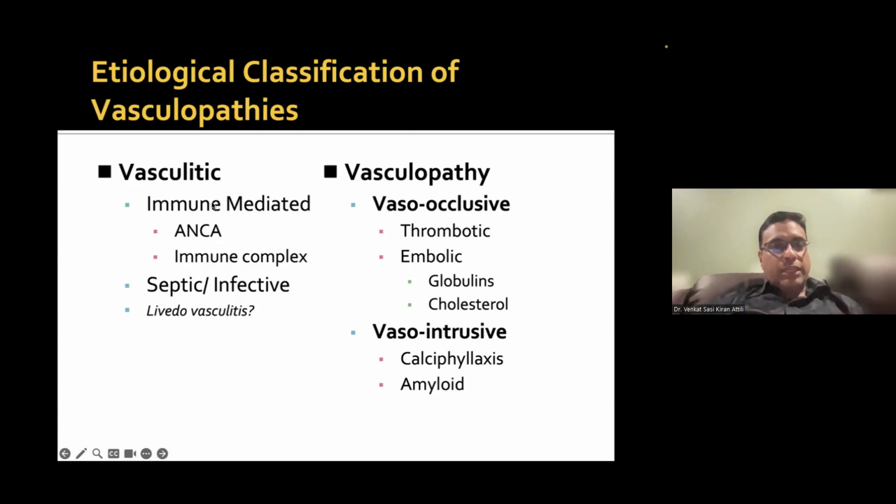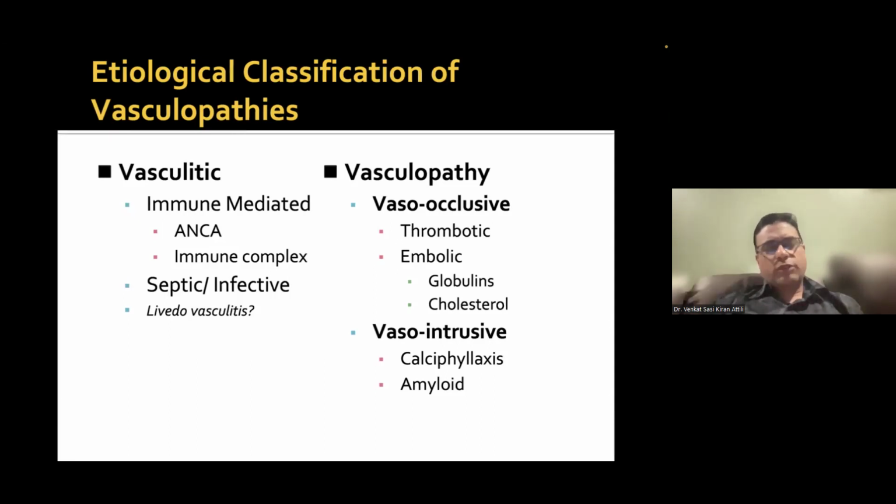Vasculitic can be immune-mediated, and immune-mediated can be divided into ANCA or immune complex-mediated. I explained that earlier in the first question. So ANCA is immune-mediated, but not immune complex-mediated. Then you have septic or infective vasculitis, which is also vasculitis because there's inflammation. And then you have livedoid vasculitis, which is slightly controversial.